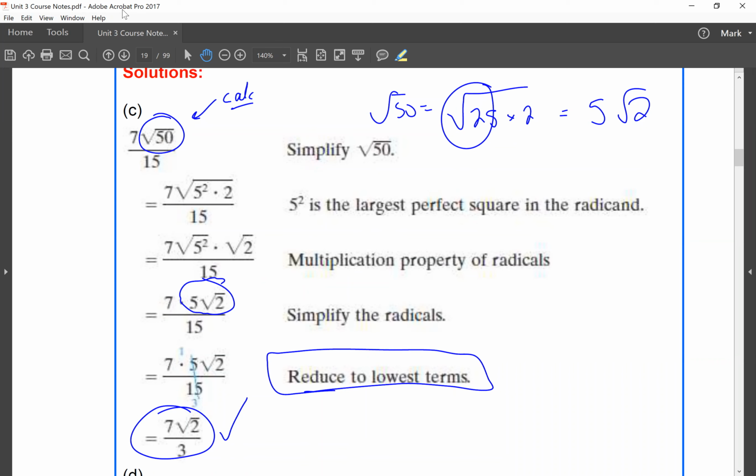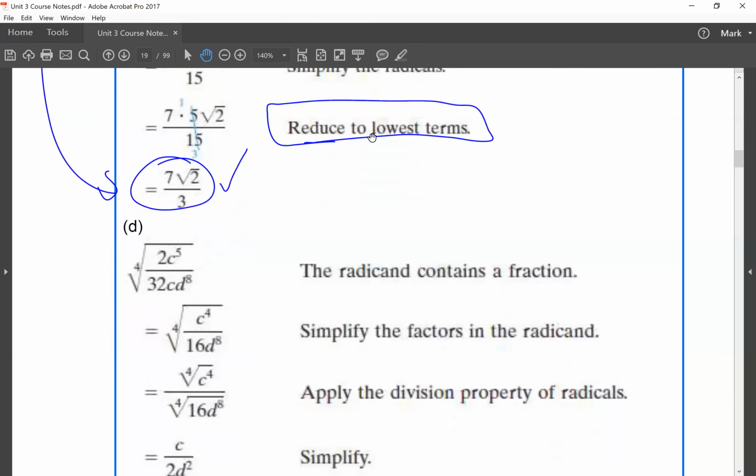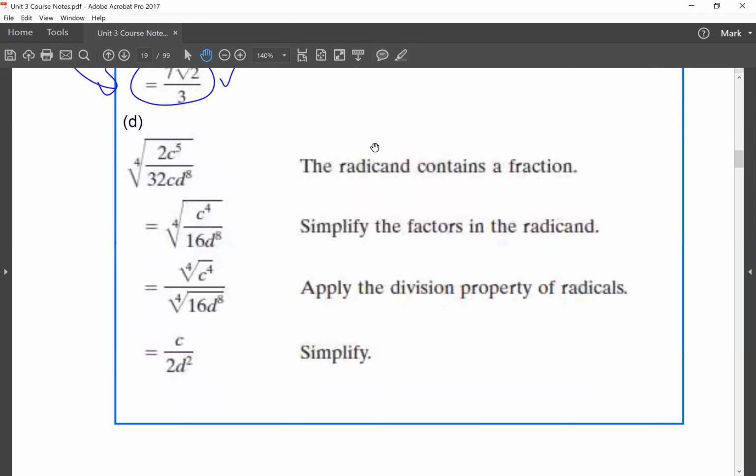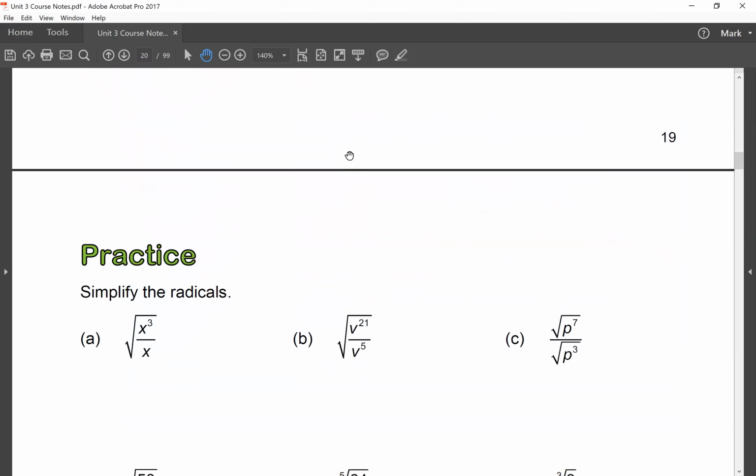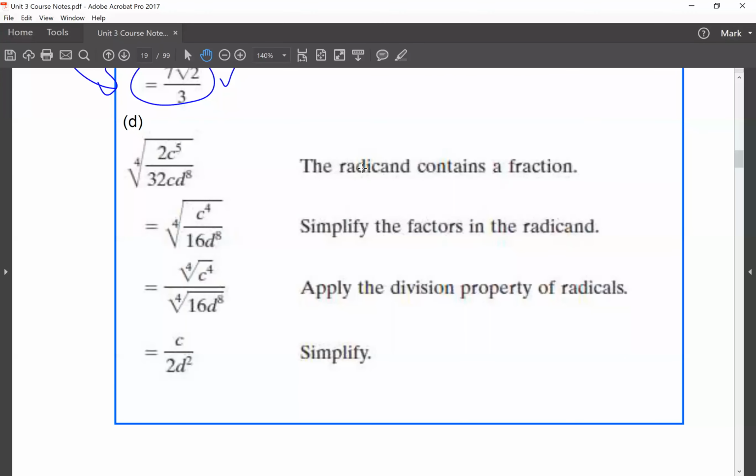So you can do the whole of question C right on your calculator if you want. The problem with using your calculator, though, is it will not help you with something like D. So let's have a look at D. And then maybe I'll do 1 or 2 and get you guys to practice a couple, and then we'll move on.